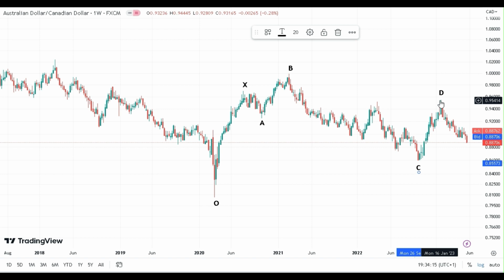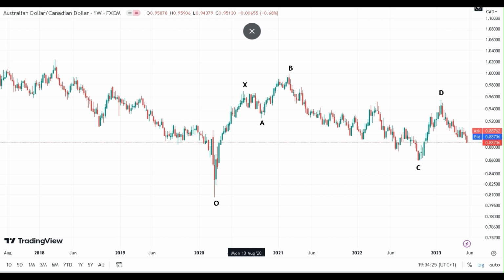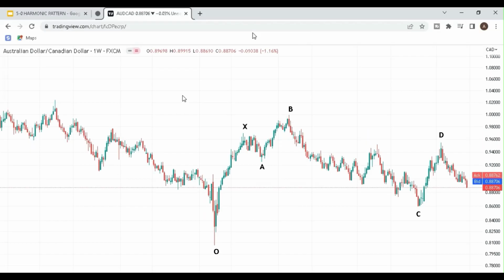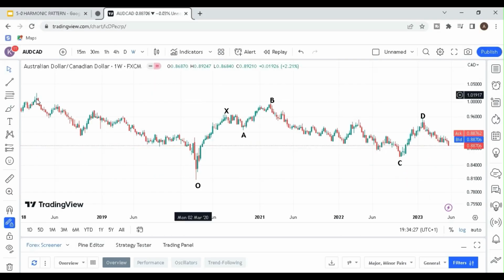And the final condition is this point D. And point D should be what? It should be 0.5 of the BC leg. So let's check that again from our Fib tools.